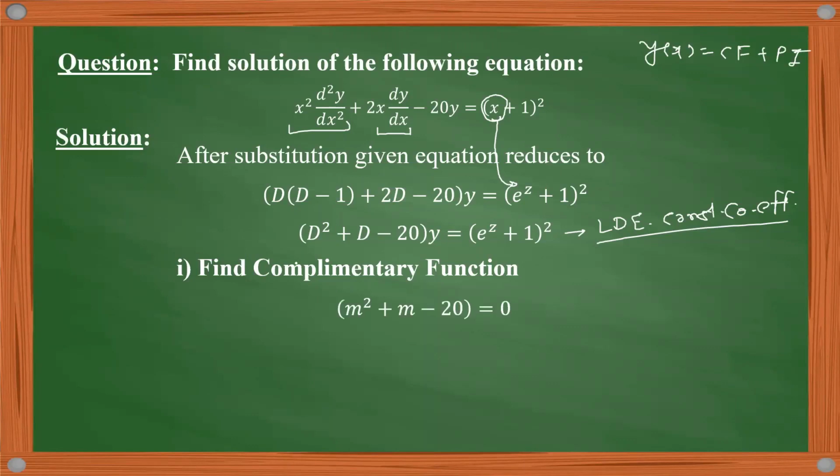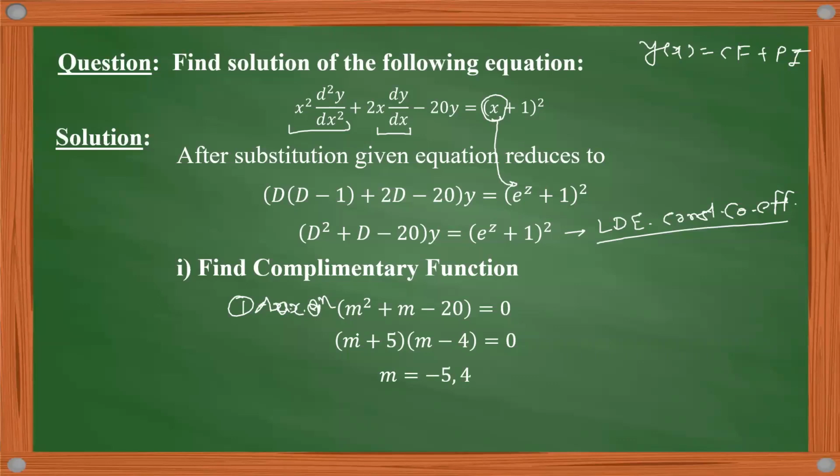So now let us first find its complementary function. First we will write its auxiliary equation, and in its auxiliary equation, we will just replace this D by m. So our auxiliary equation will be m square plus m minus 20. Just factorize this equation, we will get (m plus 5) into (m minus 4) equal to 0.